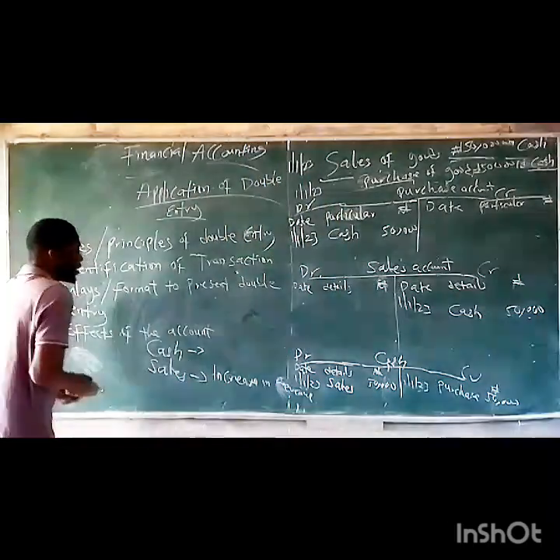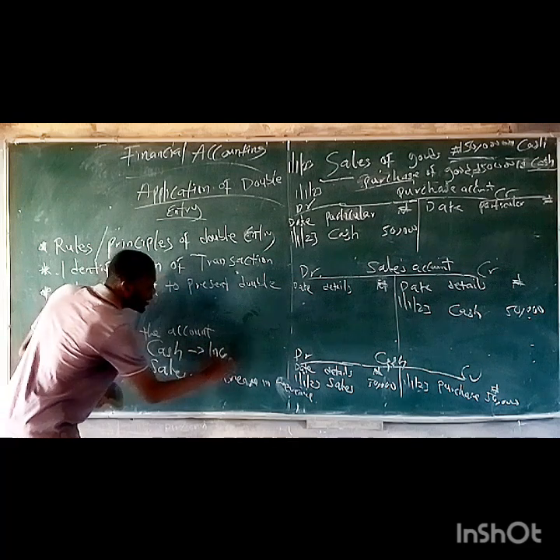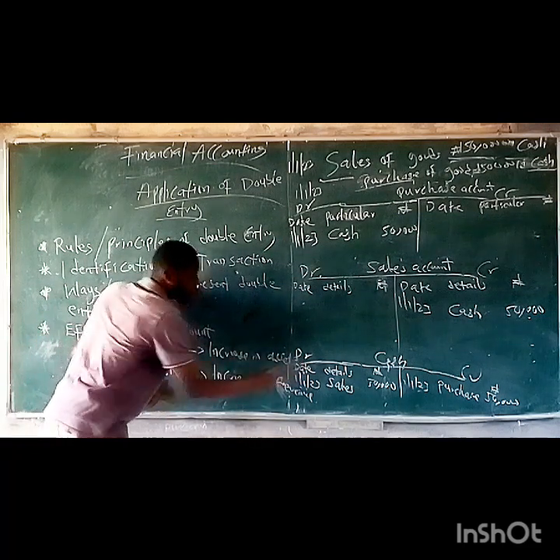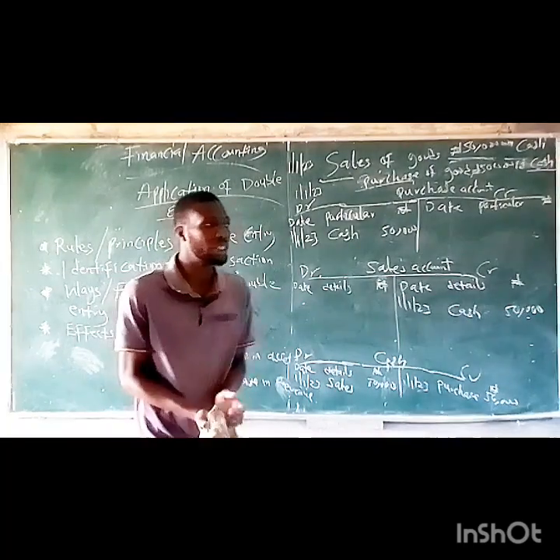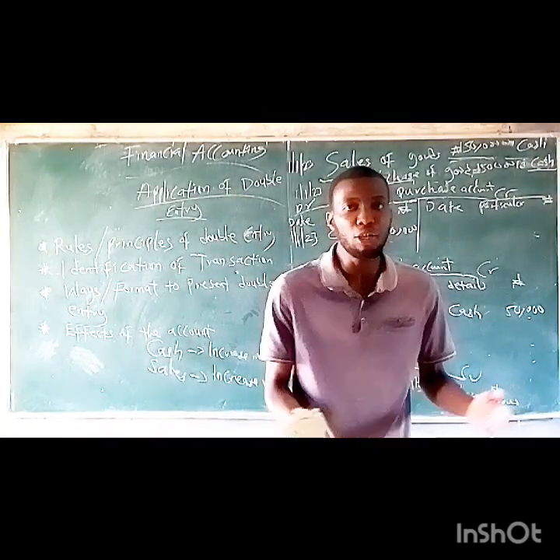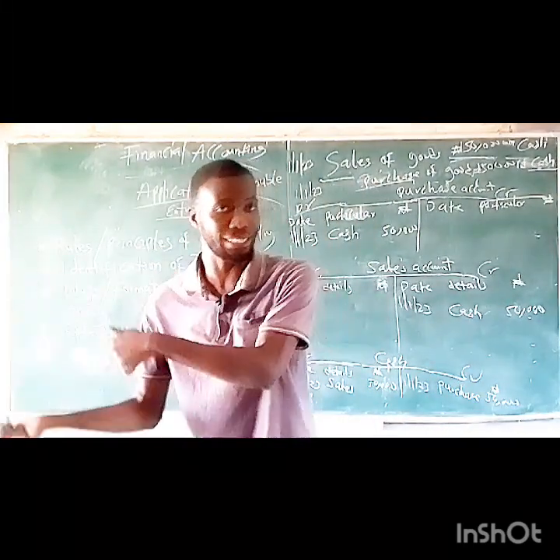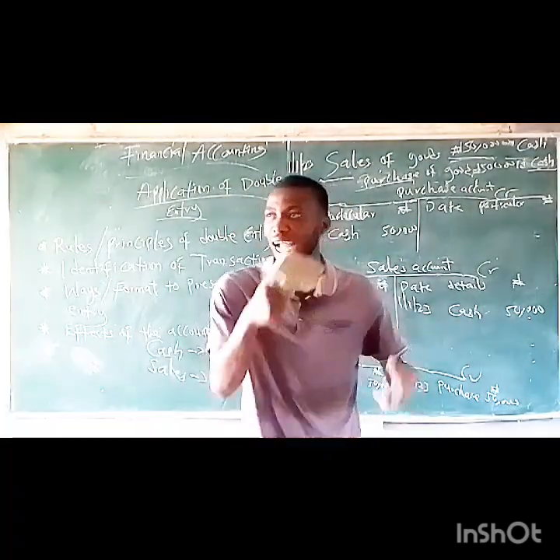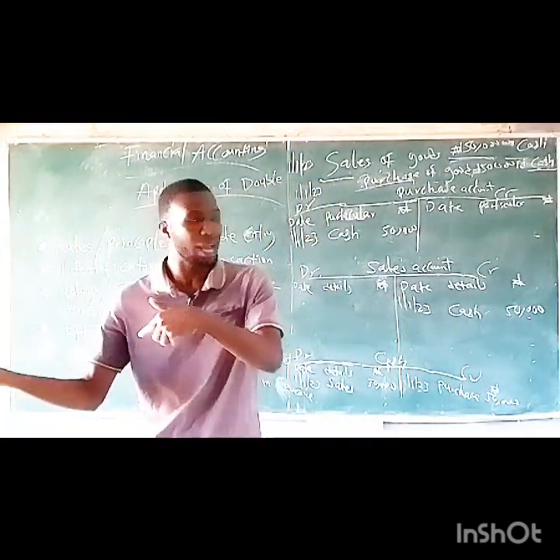Not just the cash initially, it will be an increase in assets. Why is that an increase in assets? Because immediately I collect the cash, I can use it to get another one. That's why it's increased. Because I sold the car, I received the cash, then I can use that same cash to get another car.